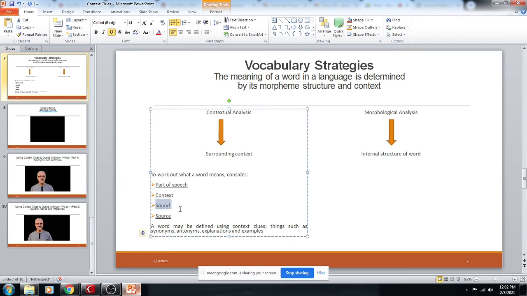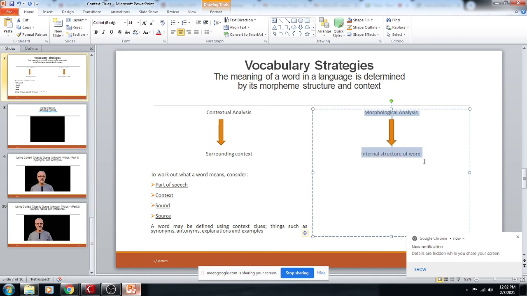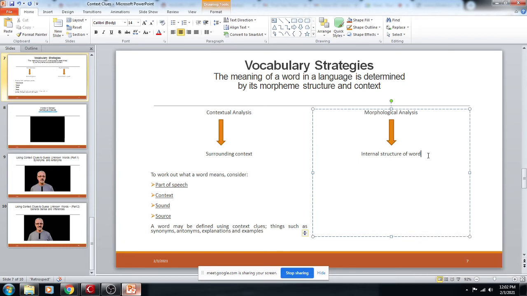The sound sometimes of a word may help, so you pay attention to the sound, and the source from which the article is taken. In addition to the clues that your classmates mentioned, like antonyms, synonyms, definitions, etc. Next week we're going to talk about the other strategy, and that is the internal structure of words or word parts.